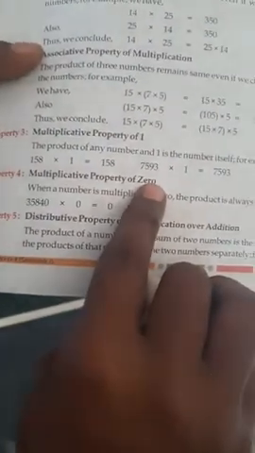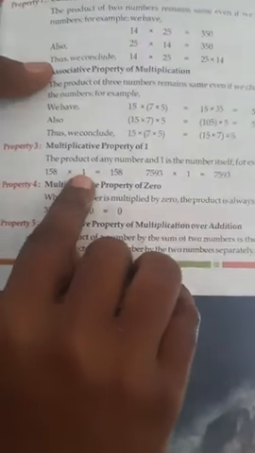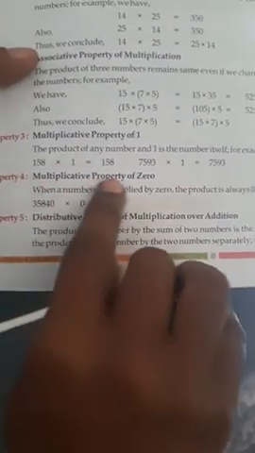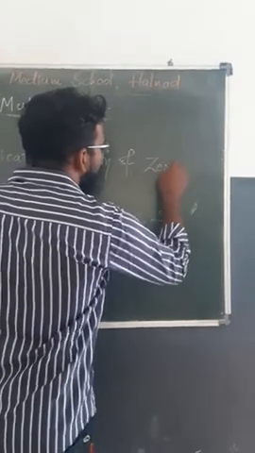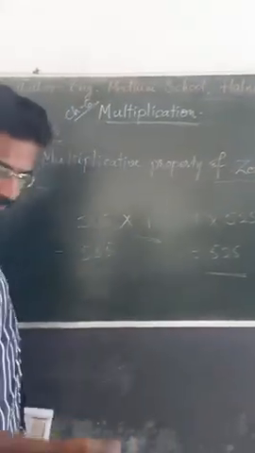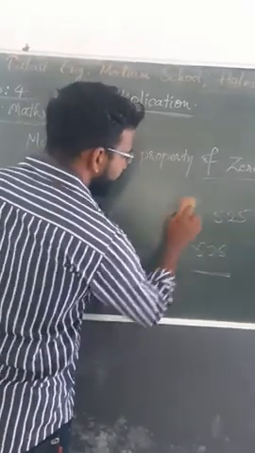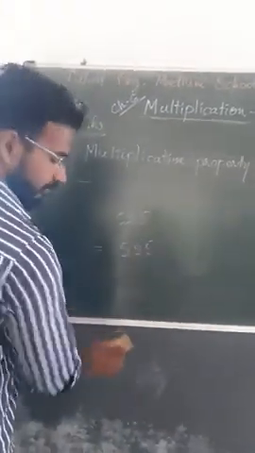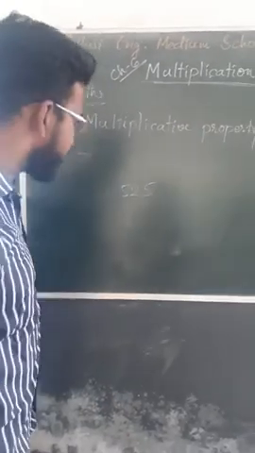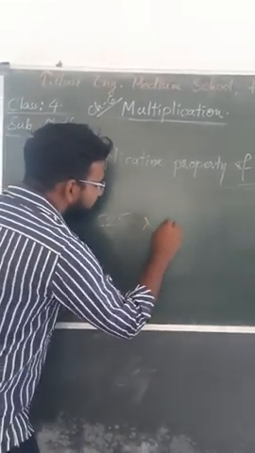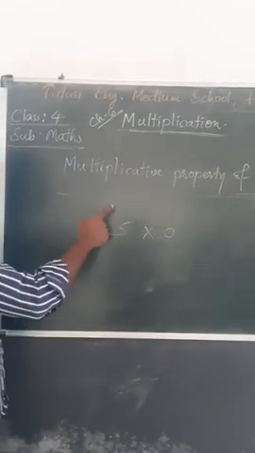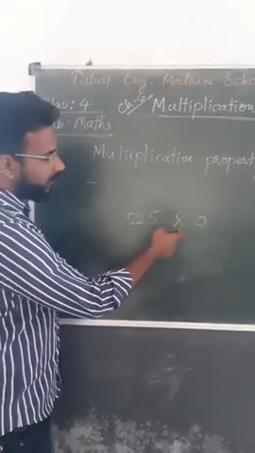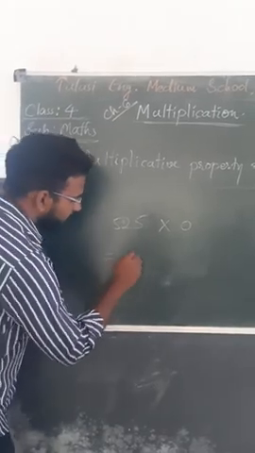Next, multiplicative property of 0. Here we multiplied by 1, here we are going to multiply by 0. The same number I am taking, I am going to multiply by 0. You know that when we multiply any number by 0, the result will be 0.